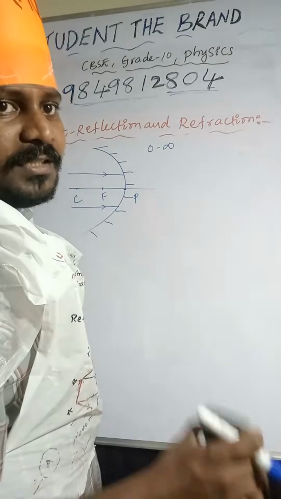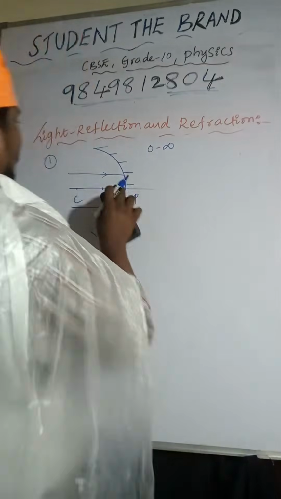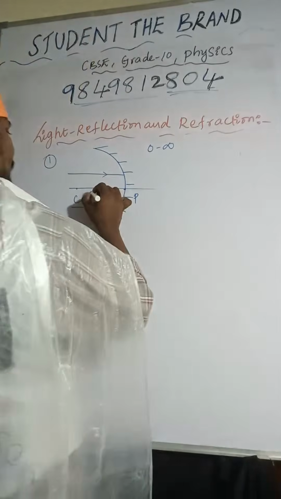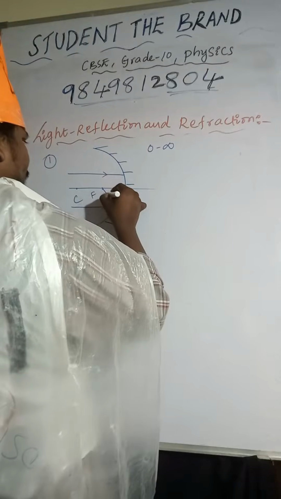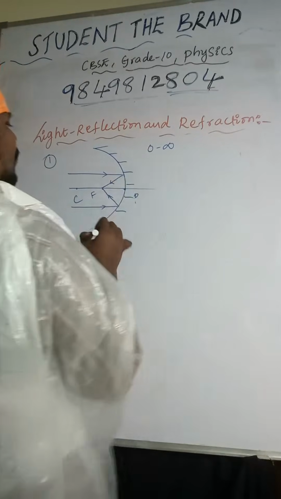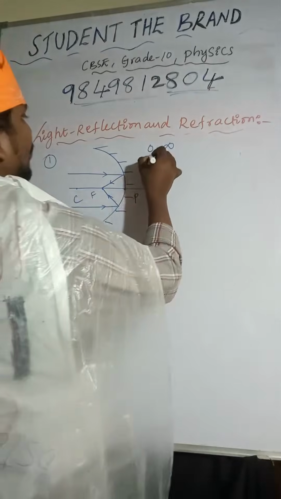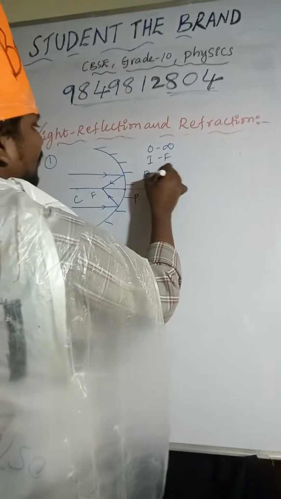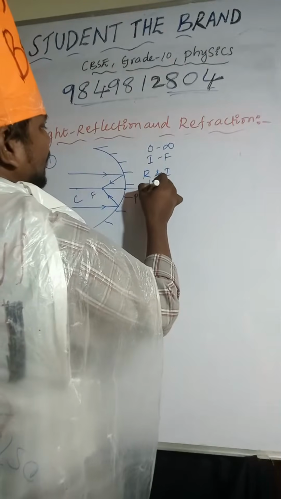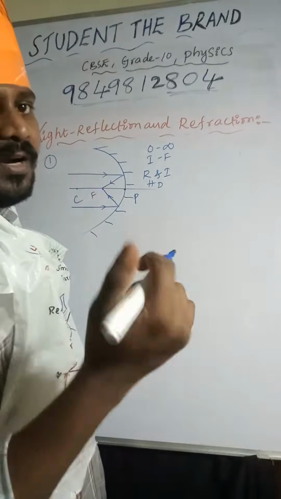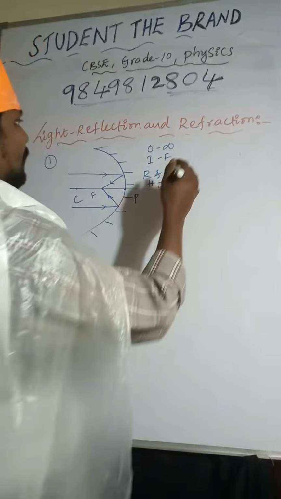After reflection, the light rays are meeting at one point, focus. Here you can observe the image is forming at focus. Nature of the image is real and inverted, and size of the image is highly diminished. So the image is forming at focus. Point number 1.